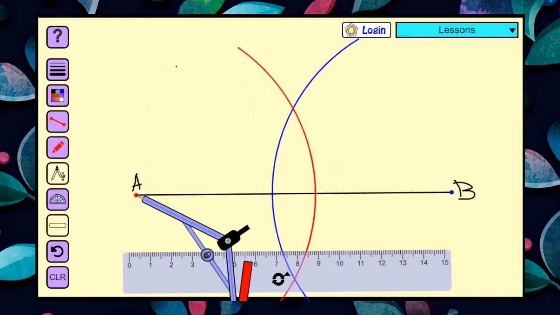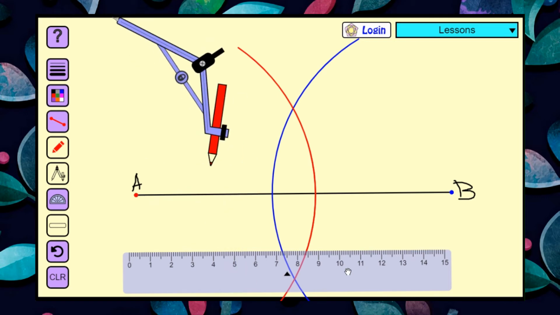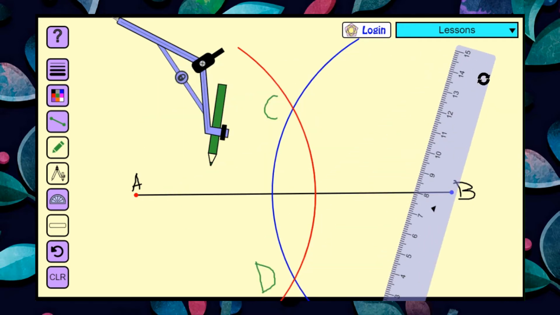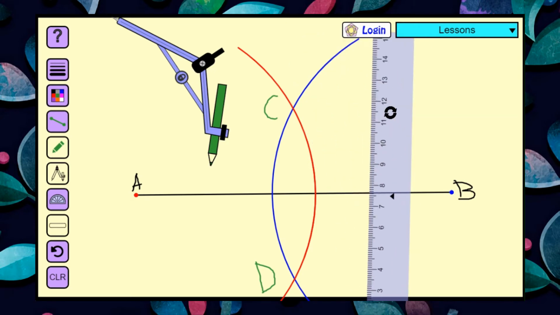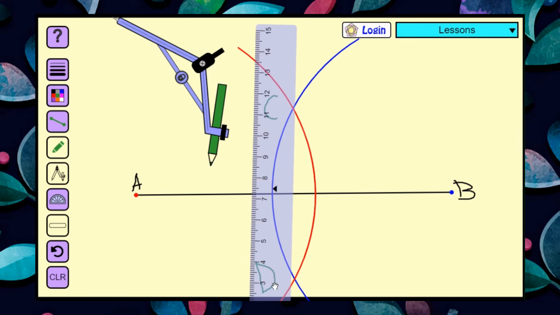Okay, so we've already seen the two intersections of the two arcs. We can label these intersections as C and D. And after that, using a ruler, we connect C and D. This will be the intersection of segment AB and segment CD.